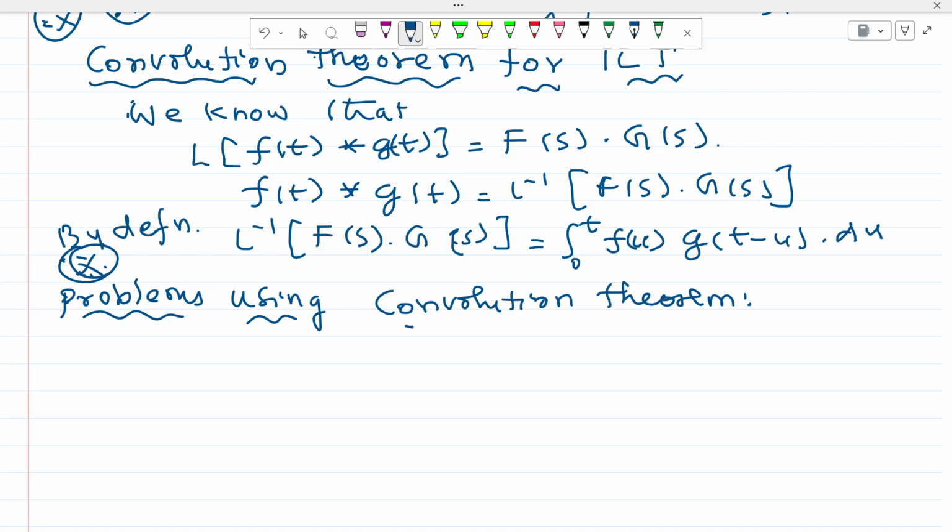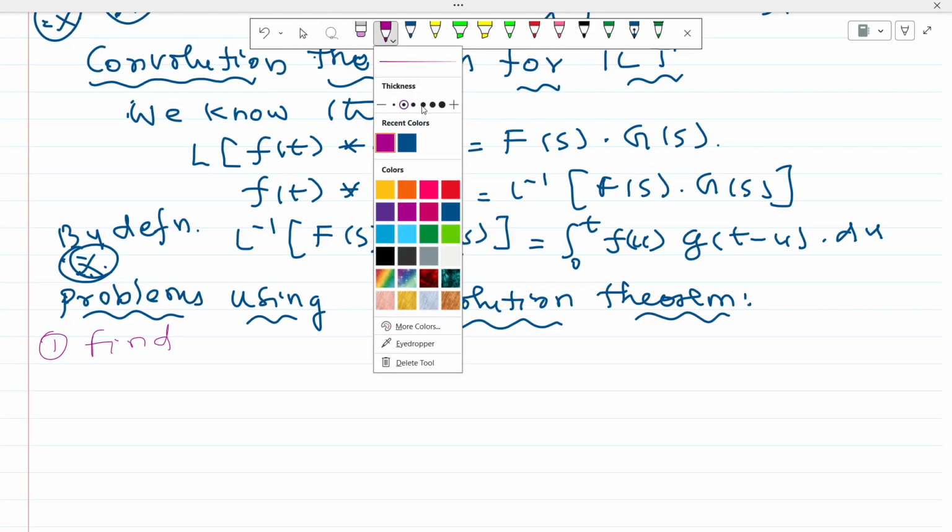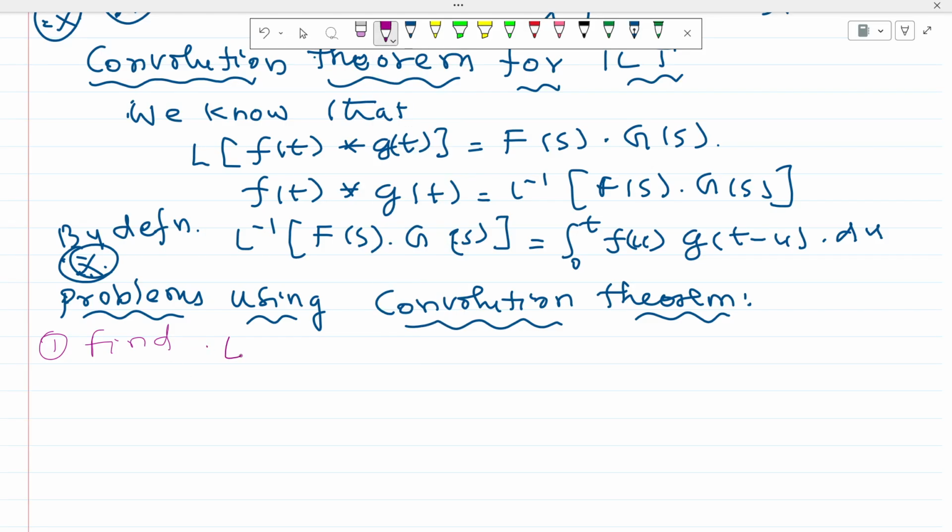Find the inverse Laplace transform of s divided by (s square plus a square) whole square.